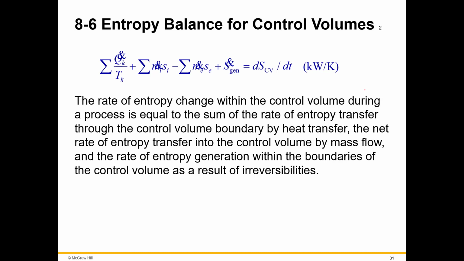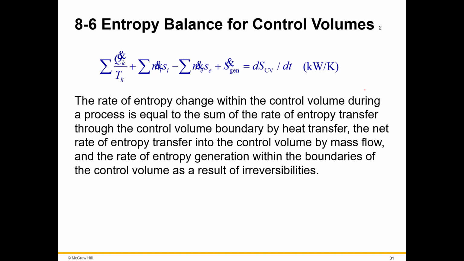The rate of entropy change within a control volume during a process is equal to the sum of the rate of entropy transfer through the control volume boundary by heat transfer, the net rate of entropy transfer into the control volume by mass flow, and the rate of entropy generation within the boundaries of the control volume as a result of irreversibilities.